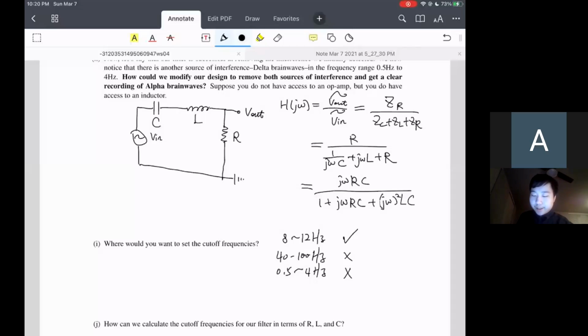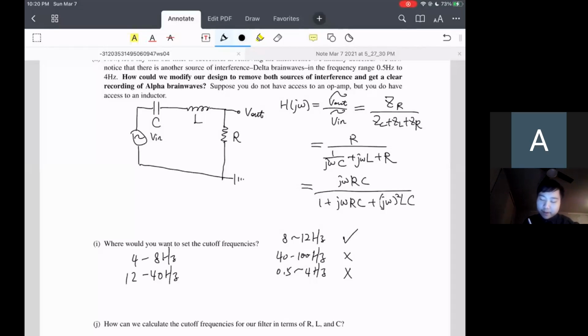So to achieve that purpose, we can set the lower cutoff frequency to be between 4 and 8 hertz. We can set the higher cutoff frequency to be between 12 and 40 hertz. To make this filter work better, it might be better if the two cutoff frequencies are centered at the center of our desired frequency range.